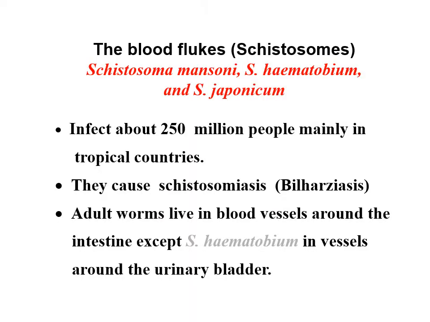So the blood flukes, which are known as schistosomes, the important ones are Schistosoma mansoni, Schistosoma haematobium and japonicum. Schistosomiasis infects about 250 million people, mainly in the tropical countries, and it is mainly among rural areas or among farmers who use irrigation canals, where the canals are a good environment or habitat for the snail intermediate host for Schistosoma species.